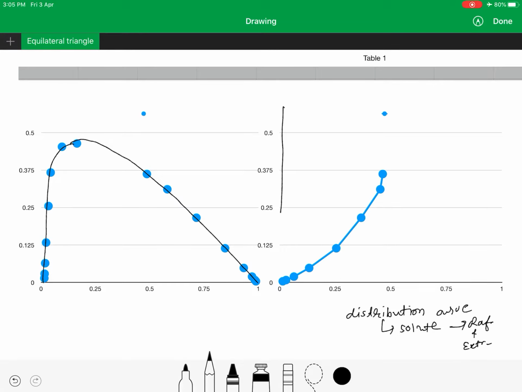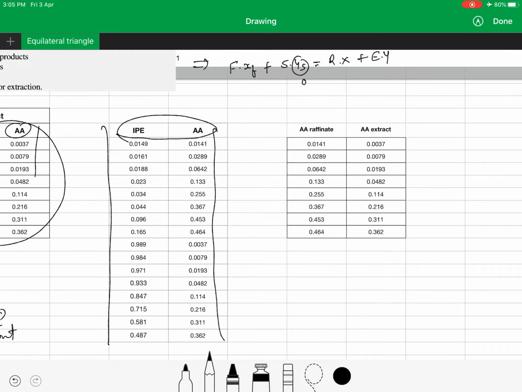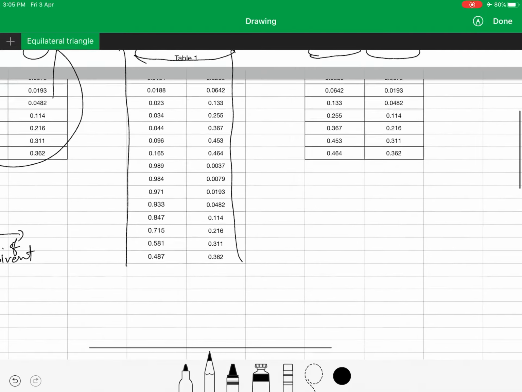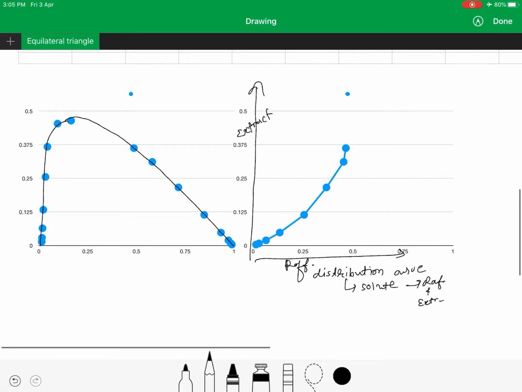On the y-axis we have the extract and on the x-axis the raffinate data. Again I have made this table of acetic acid in the raffinate phase and acetic acid in the extract phase, and plotted that graph. I again told you that we have to take the same units. Here I have taken 0.125, 0.25. This should be the same.